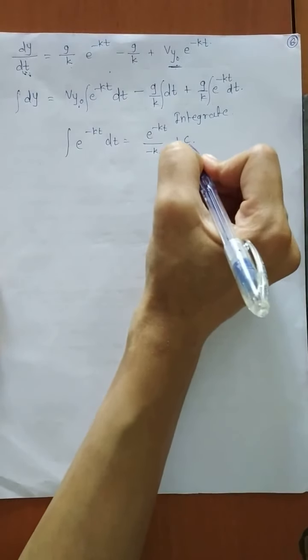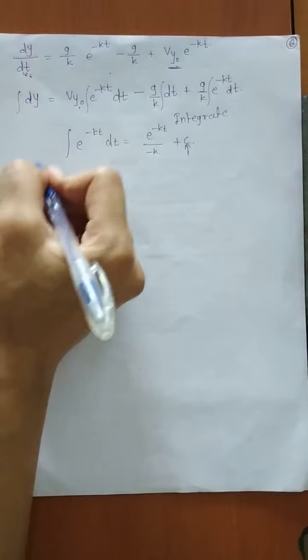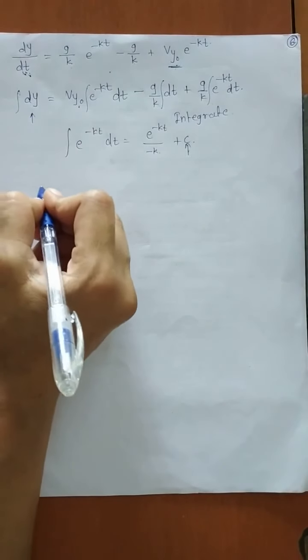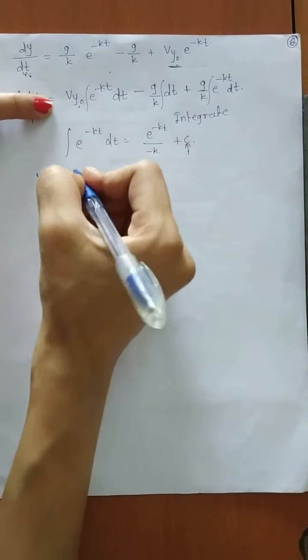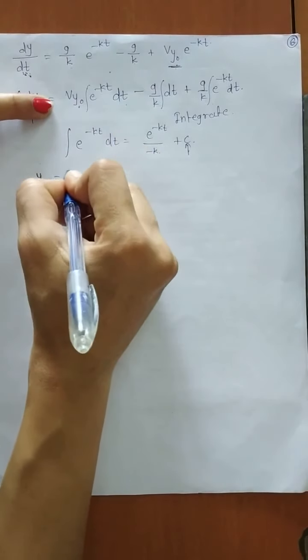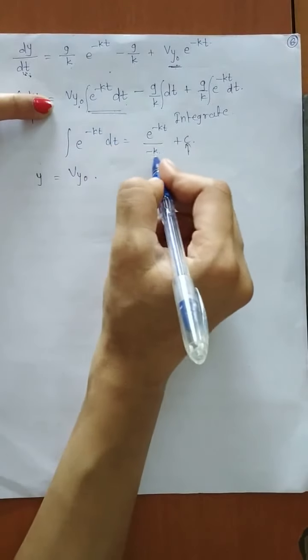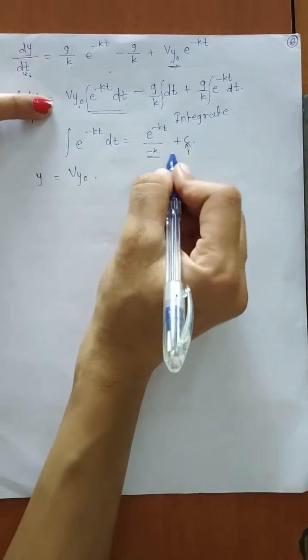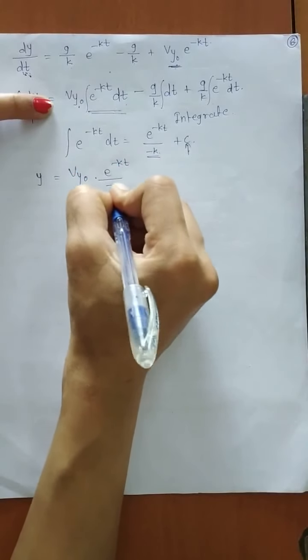We are going to take this common constant as C4 now. So here integration of dy is y equals to vy naught, which is constant with respect to dt, into this integration, which is nothing but e raised to minus kt upon minus k.